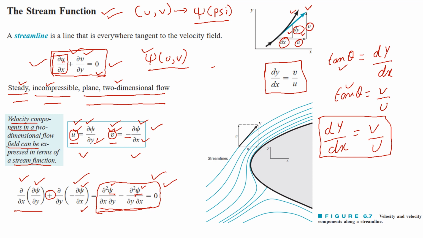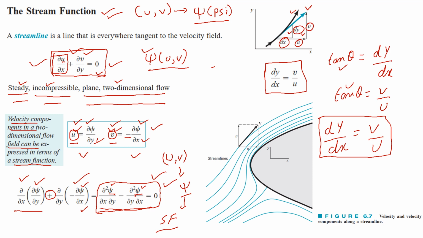So this is what the stream function is used for, and this is its one advantage: representing the u and v velocity vectors as a single term, that psi term, which is called our stream function. So this is its first advantage.